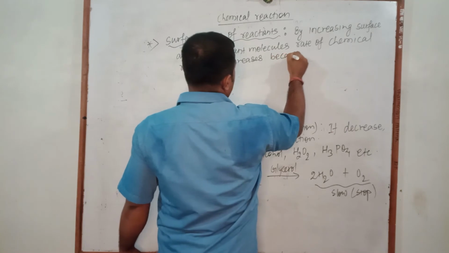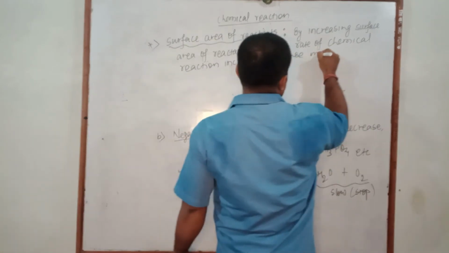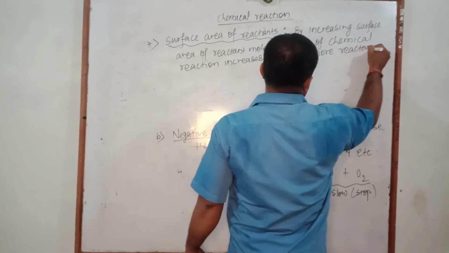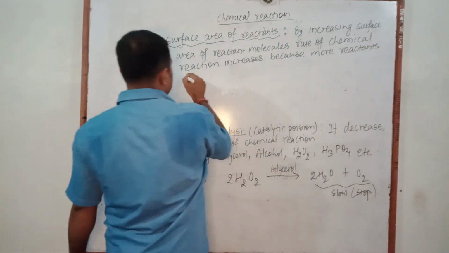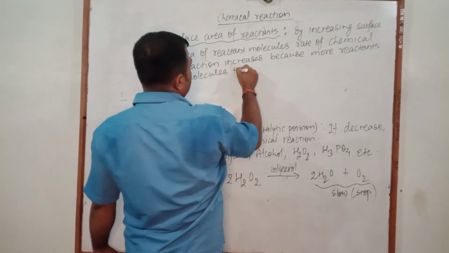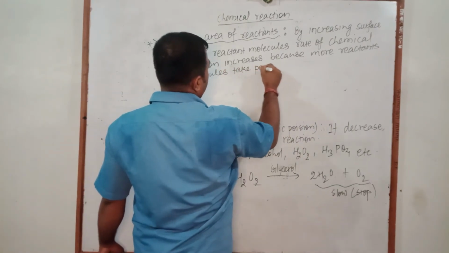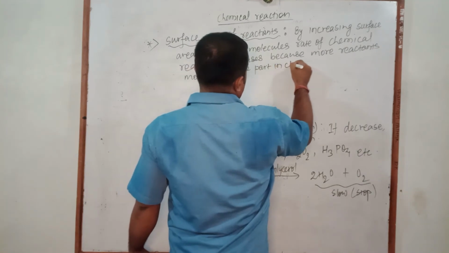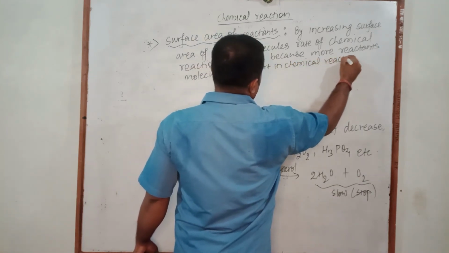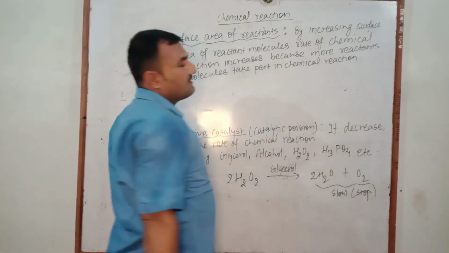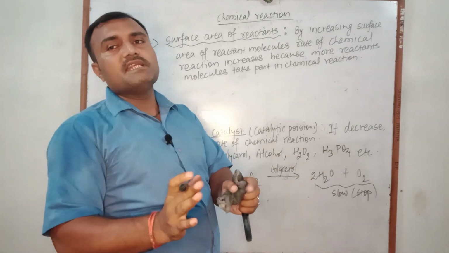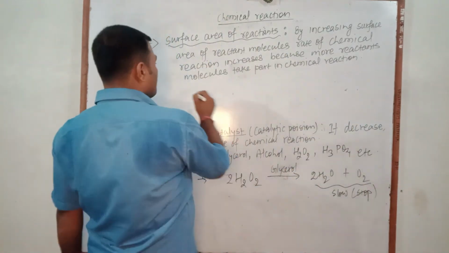Why? Because more reactant molecules take part in the chemical reaction. When less surface area is involved in a chemical reaction, then fewer molecules are involved in the reaction and the rate becomes slow.